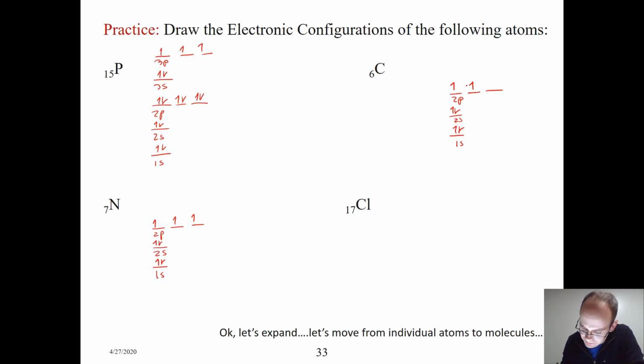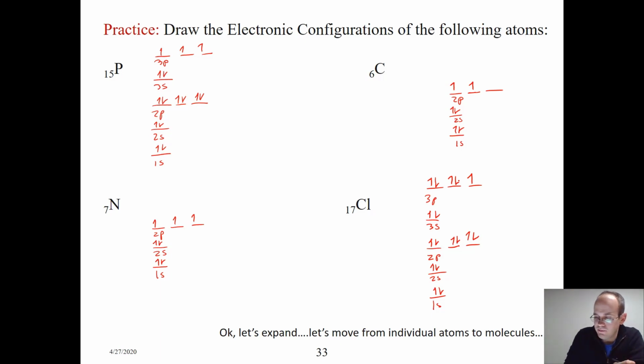So chlorine, 17. 1s, 2s, 2p, 3s, 3p. 1, 2, 3, 4, 5, 6, 7, 8, 9, 10, 11, 12, 13, 14, 15, 16, 17.